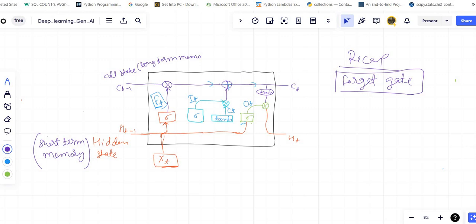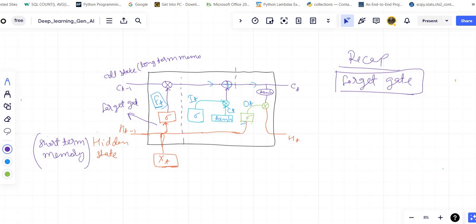Now the next is the input gate. This part is your forget gate.